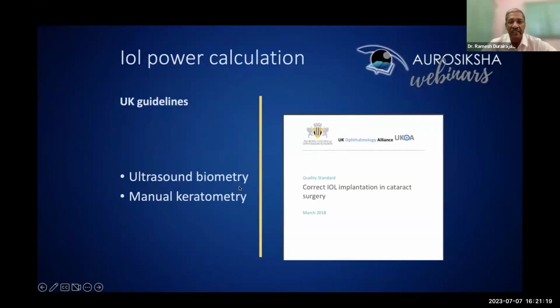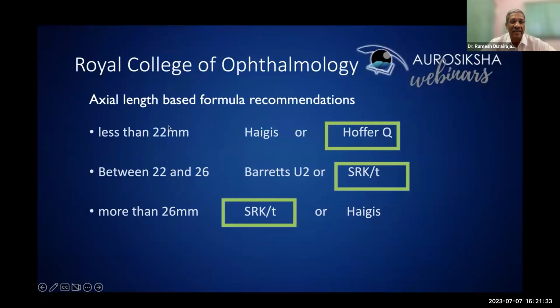We have to use the guidelines by the United Kingdom Quality Standard Group. In 2018, they came out with guidelines for those of us who use ultrasound biometry and manual keratometry. This was based mainly on the fact that if you use the built-in formulas, you're less likely to make transcription errors. So this is a safer method to follow.